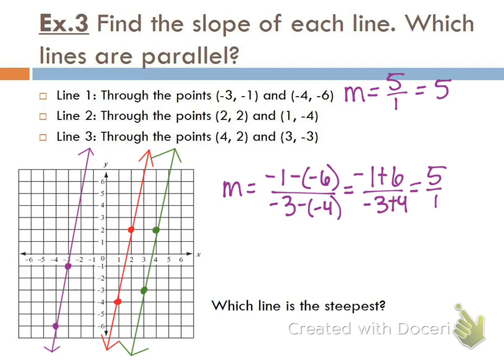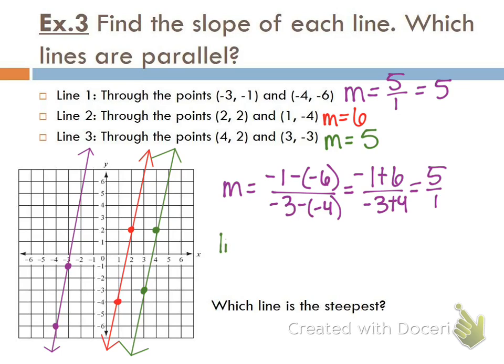All right, what did we get for our slope on number 2? 6 over 1. Are we all in agreement there? Okay. Slope is 6 over 1 or just 6. And what about our slope for line 3? 5 or 5 over 1 again? Okay, which lines are parallel? 1 and 3.